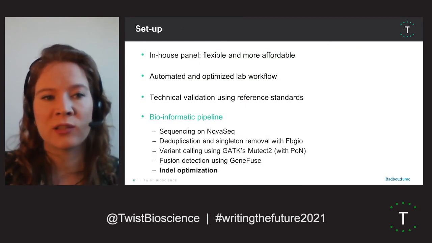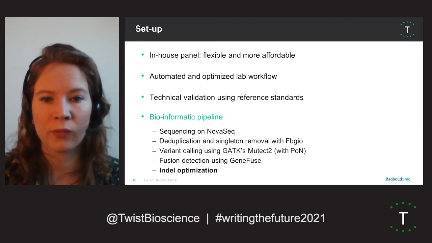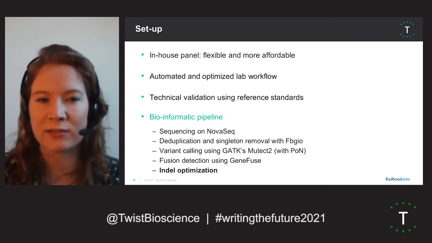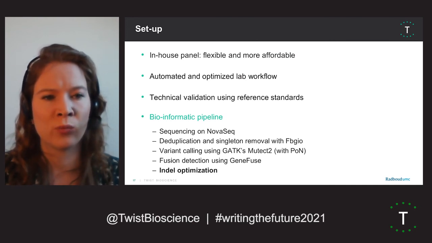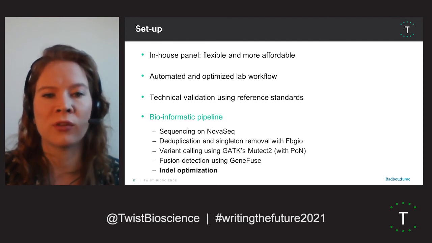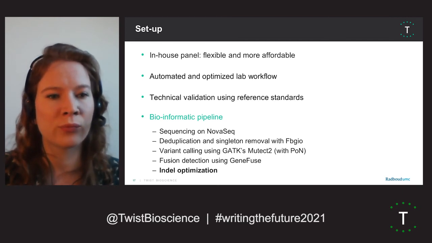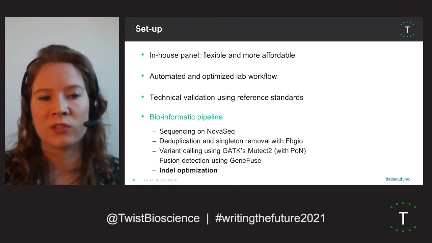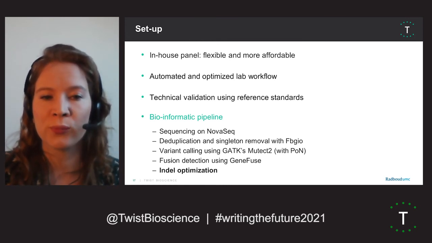And then the last part is the bioinformatic pipeline. We sequence all of our samples using a NovaSeq sequencer. We deduplicated and removed the singletons using FGBio. Variant calling was done using GATK's Mutect2.